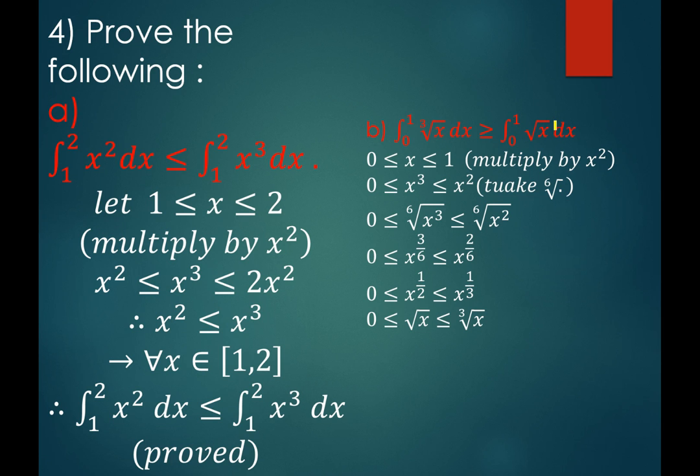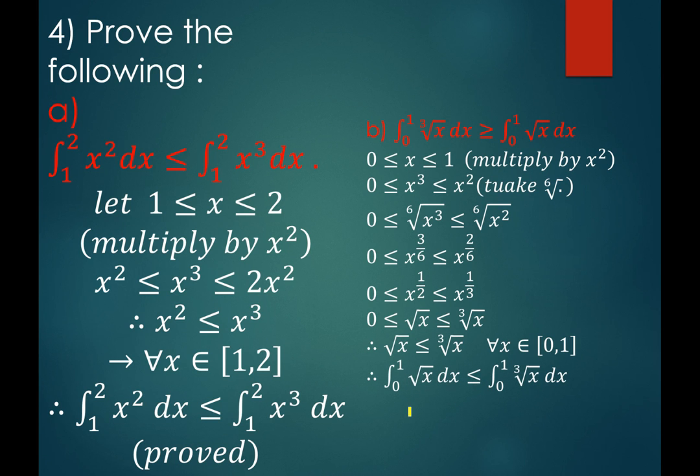That will make their integration bigger, because integration means calculating area. So if that function has a smaller region than that function from 0 to 1, and you can check this by sketching the graphs, that means the integration of the first is going to be smaller than the integration of the second. It's proved now according to that theorem.